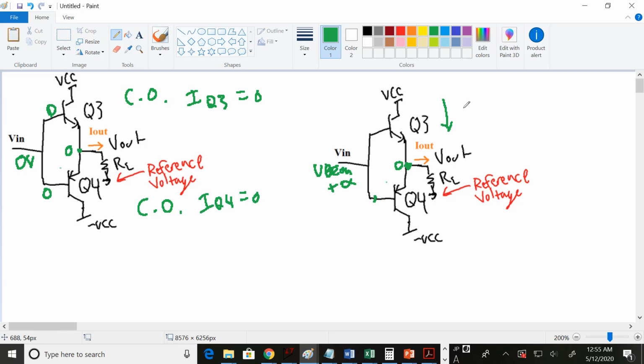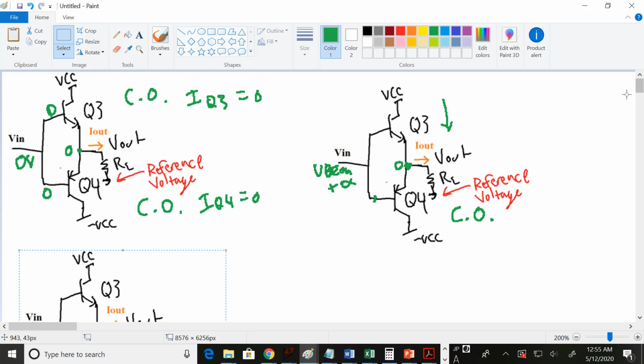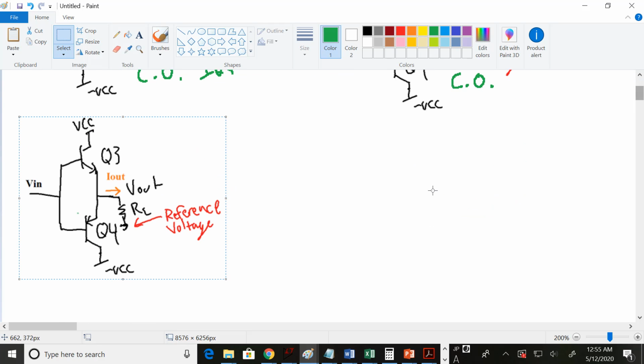So when Q3 is conducting, Q4 is in cutoff. So for this input, okay. And the next question is if this is negative, VBE on minus a little bit more.